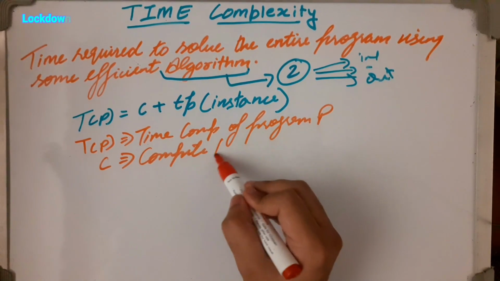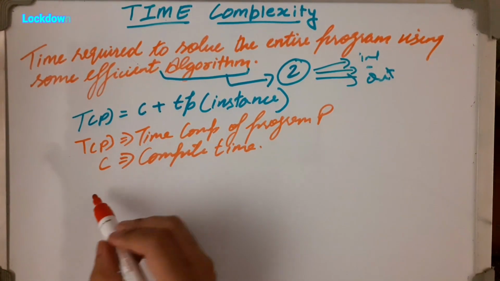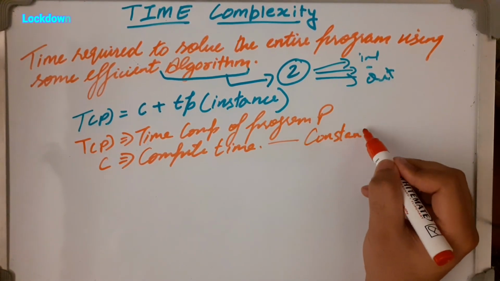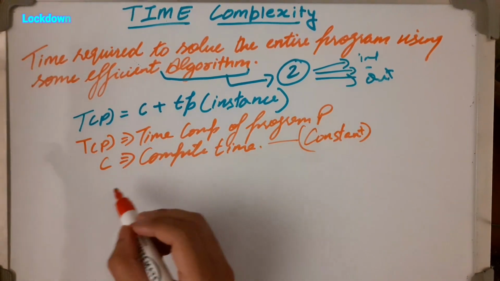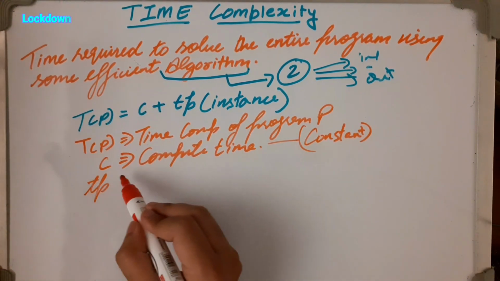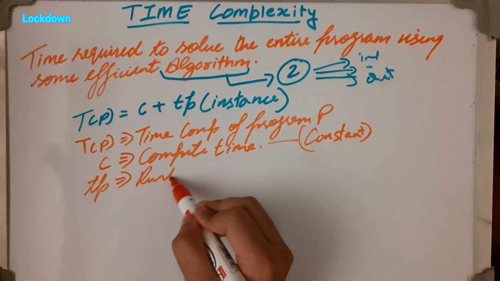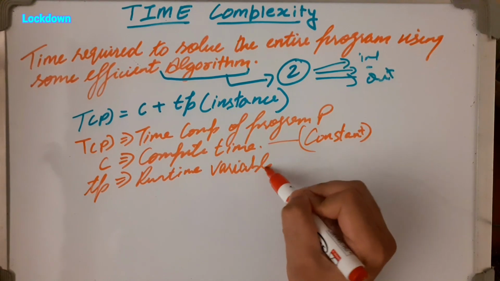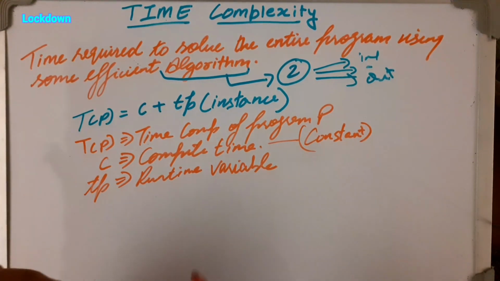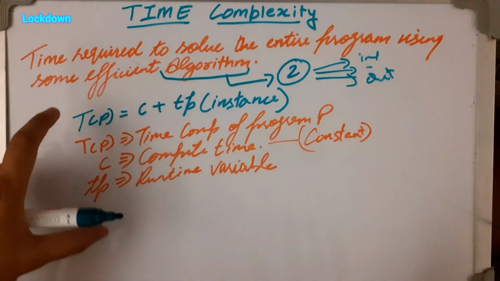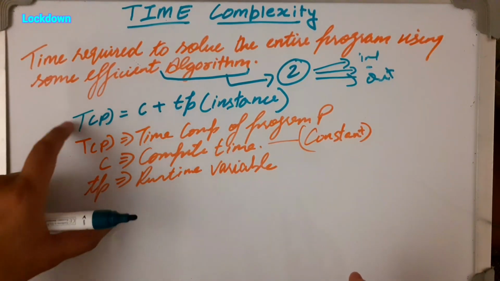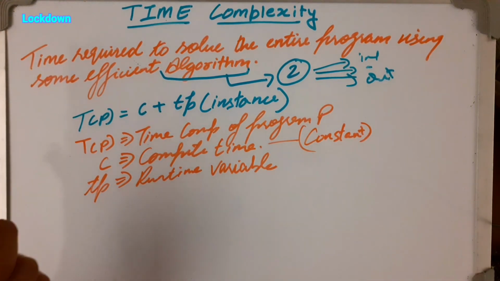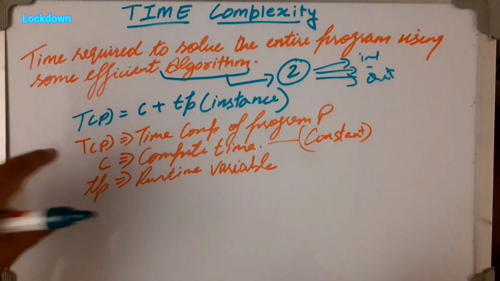Compile time is constant for every program. Then we have a variable TP, which is the runtime, meaning how much time it takes during runtime. So we have the exact formula for the time required to solve the entire problem, which is our time complexity.